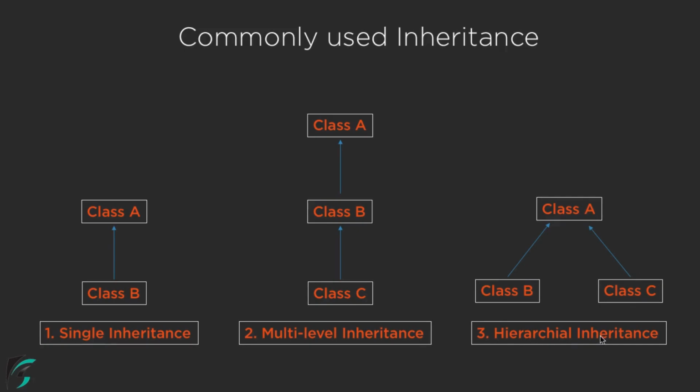Now if you notice all the lower level classes such as B, C and here class B, they are all known as the child class or the subclass. Remember that. And all the classes, suppose here we have class A on the top, it is known as the parent class. And here as well class A is acting as a parent class.